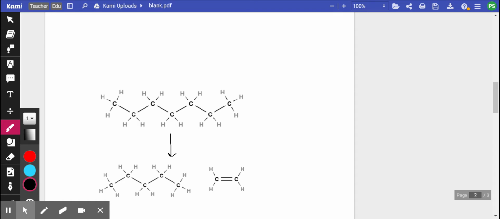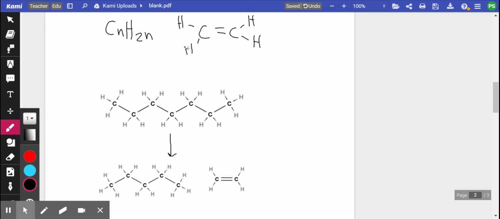Now, what is special about alkenes? Well, they have a double bond between two carbons, and their general formula is CnH2n. This means for every carbon, there are twice the amount of hydrogen. So a typical alkene, which we're going to look at below, is ethene, 2 carbons and 4 hydrogens.